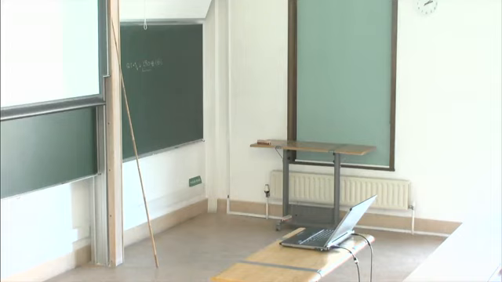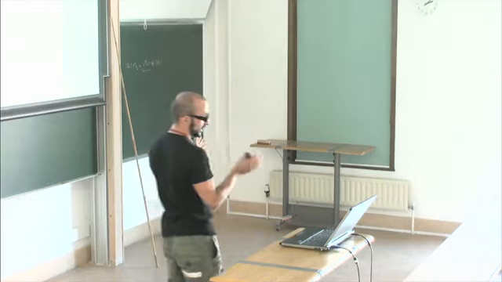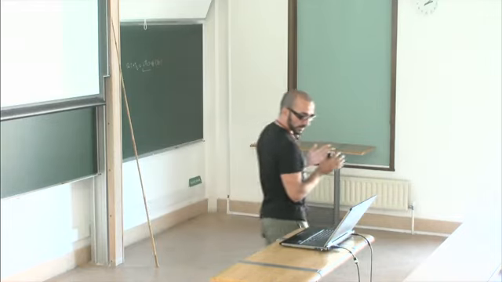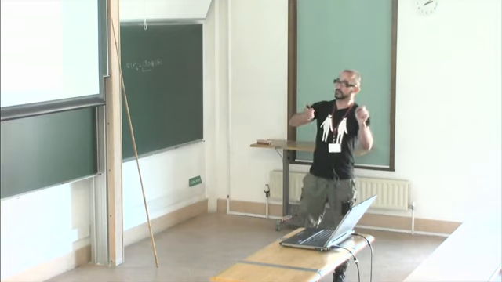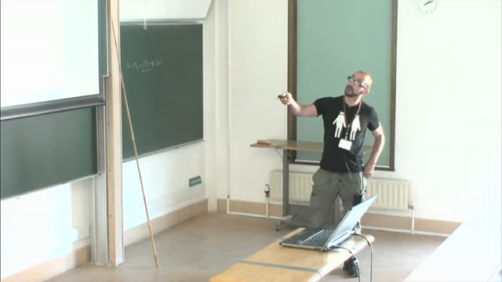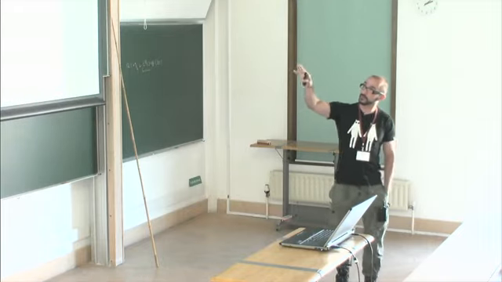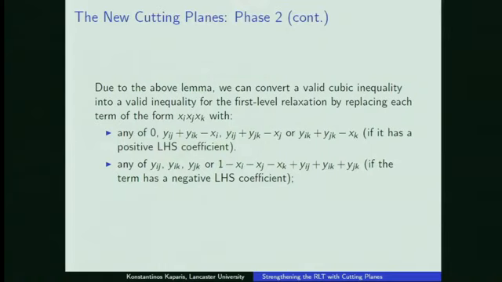Right. So we have a valid cubic inequality now after multiplying 3 together. And we know that we can still use the y variables, but we can replace any term of the cubic term with any of the following 4 terms if the coefficient is positive. And that will still give a valid inequality.